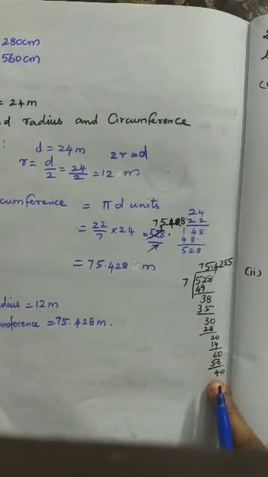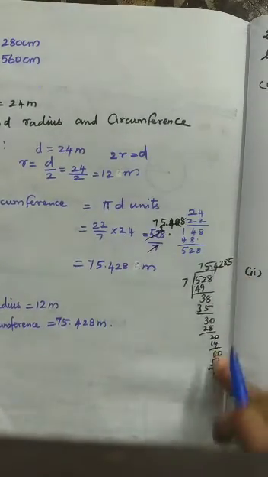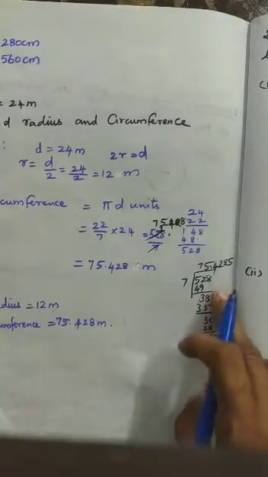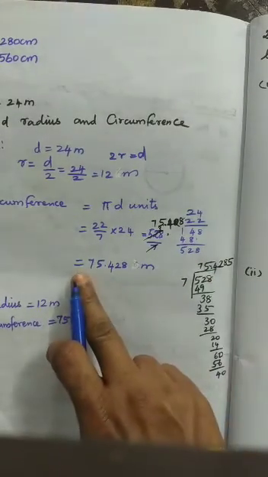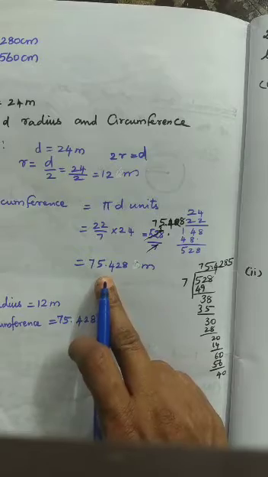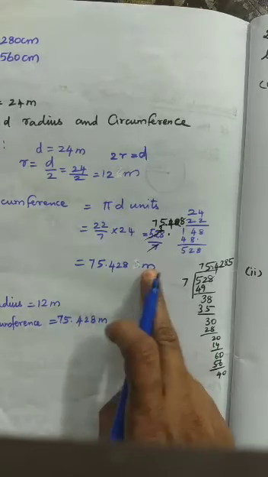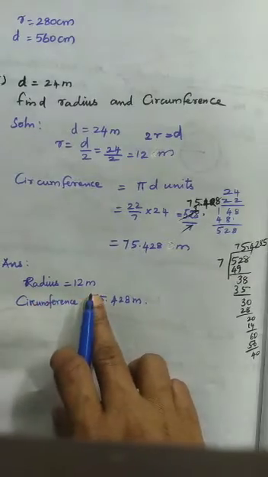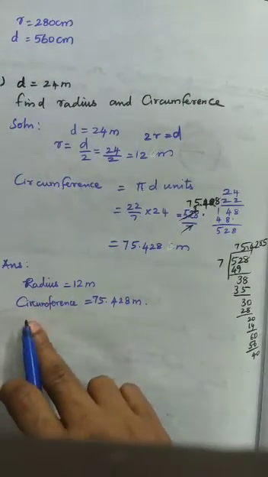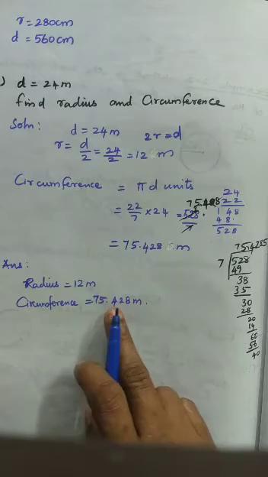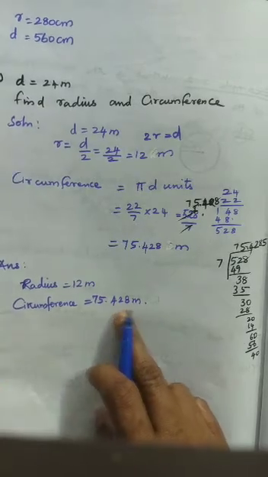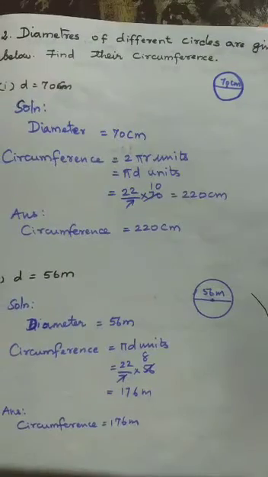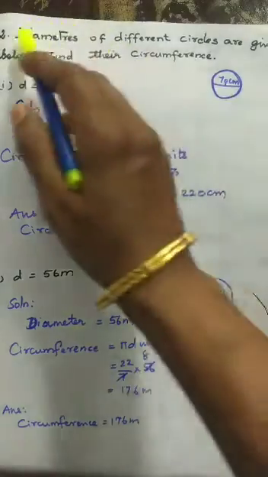And again 4, 5 times 35. So, it's going on. So, you can take 3 digits. That is 75.428 meter. So, the answer is radius is equal to 12 meter. Circumference is equal to 75.428 meter.